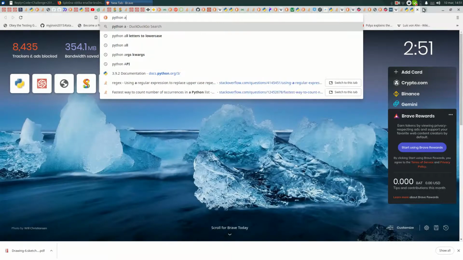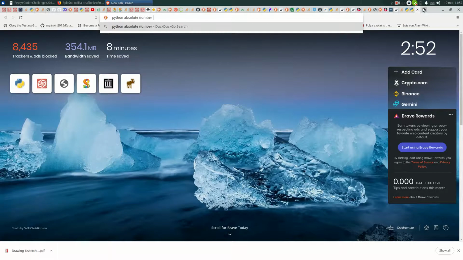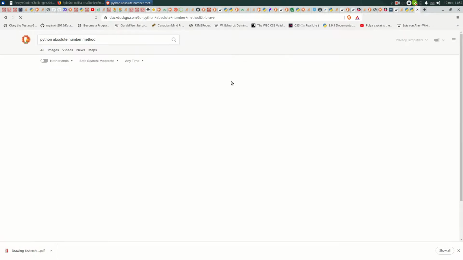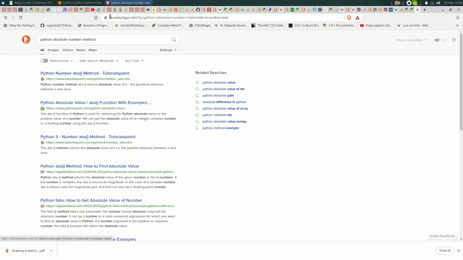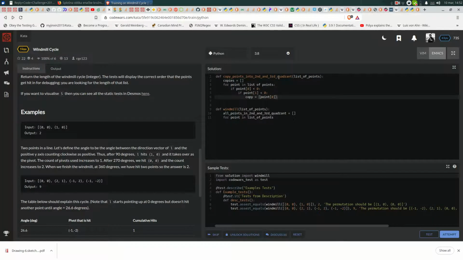Python absolute number method, I think it's ABS. Yeah, it's ABS method. So we say ABS point 0 and ABS point 1. That's the copy.